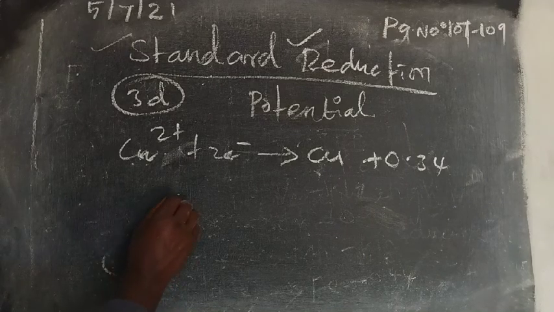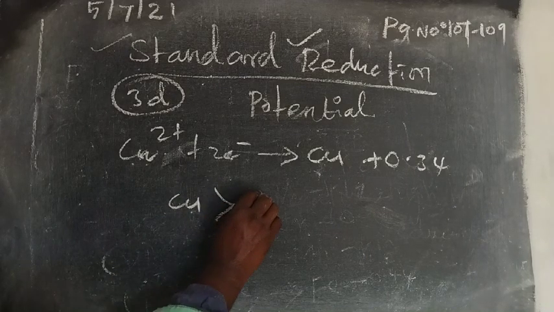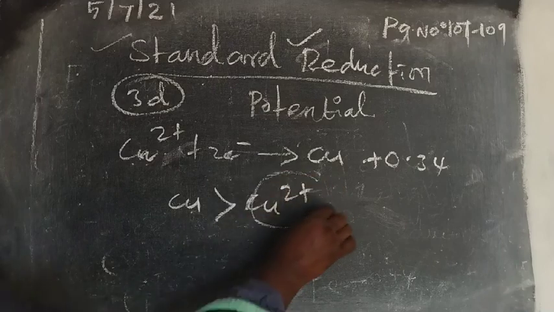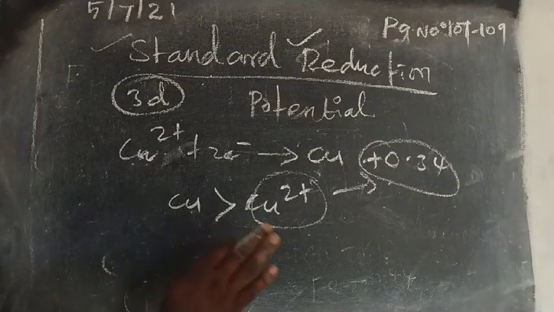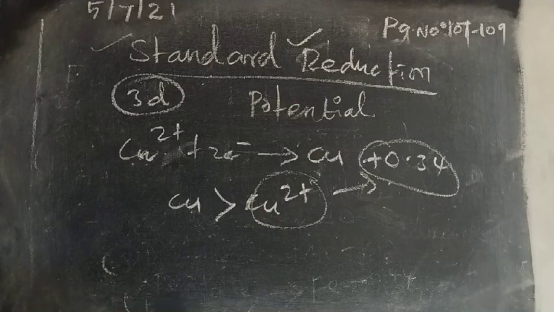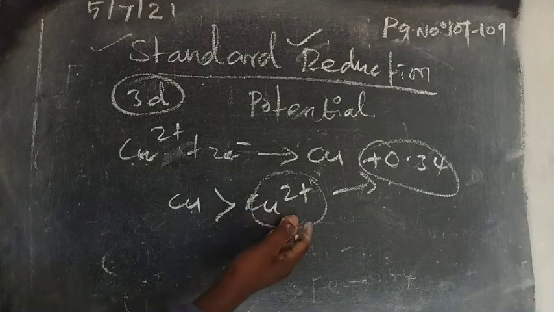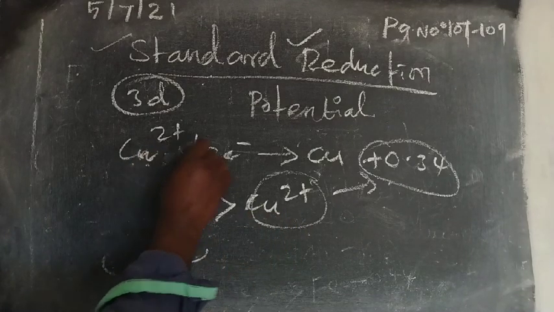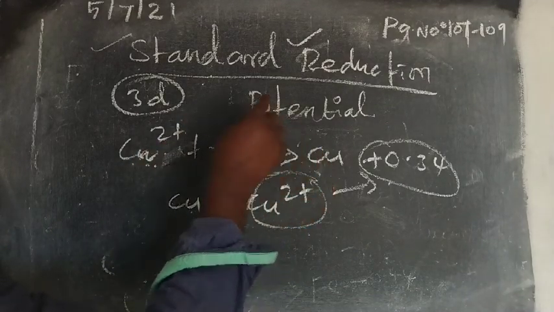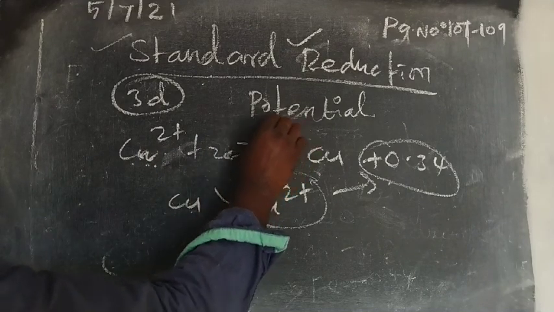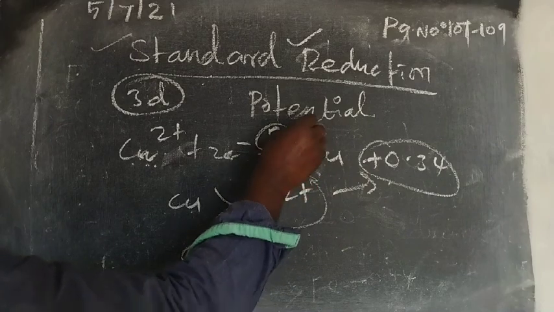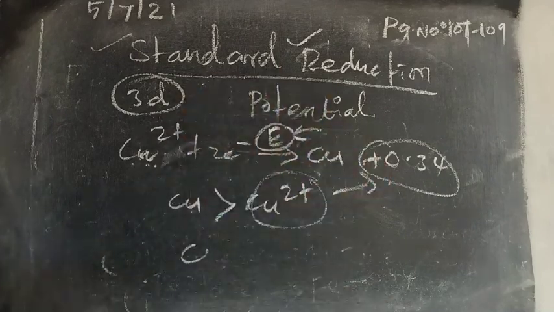That's why it has a positive value. If you have a negative value, then only we can say they are stable. Positive means they need more energy to form. If you want to convert Cu2+ to copper, you need to supply more energy. Positive means we have to supply; negative means it is liberating.